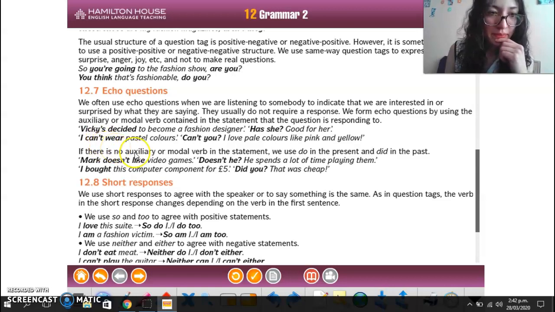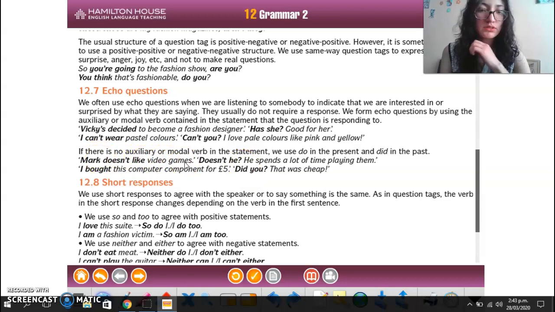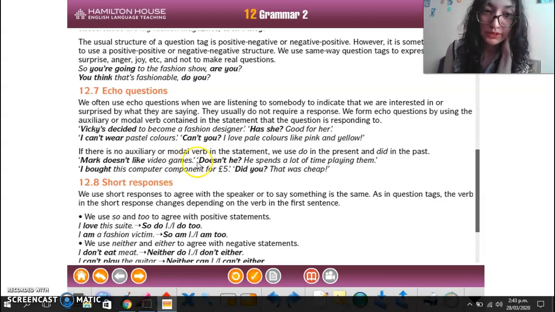Right? But if there is no auxiliary or modal verb in the statement, you need to use "do" in the present and "did" in the past. We're going to see. Mark doesn't like video games. The other person says, "Doesn't he? He spends a lot of time playing them." So you use "does" because this is in the present, right?